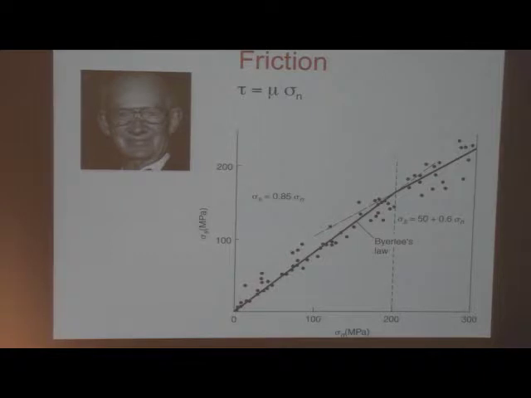So he did experiments under different normal stresses and applied shear stress and saw how much shear stress it took for failure. Okay, so here's shear stress on the y-axis, normal stress on the x-axis, and what he found, and this is called Byerlee's law, is that there's a linear relationship, and that the slope tends to change. In the shallower parts of the crust, at stresses less than 200 megapascals, that coefficient of friction was about 0.85, and these rocks were mostly, I believe, granites, still pretty competent harder rocks, but there was a pre-existing fault cut into the rocks.